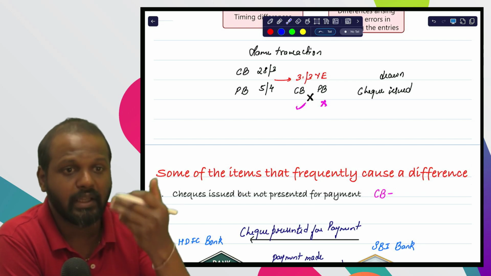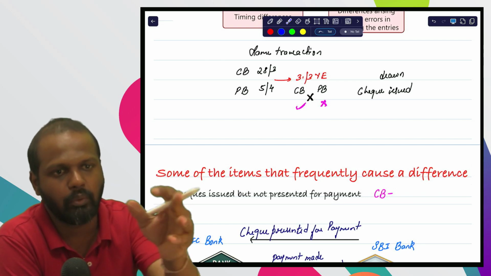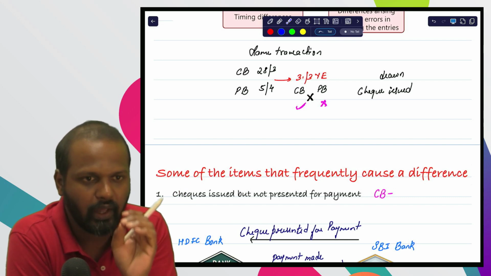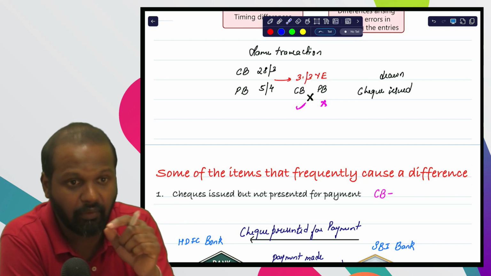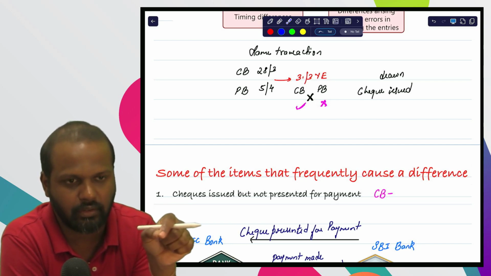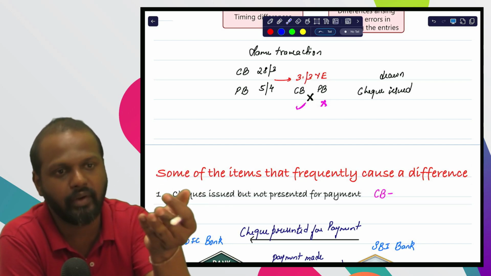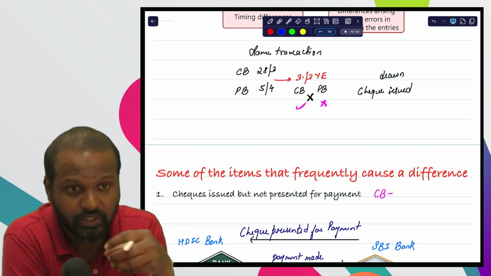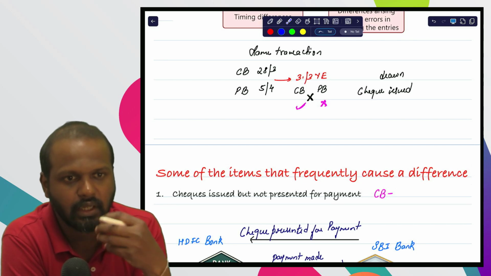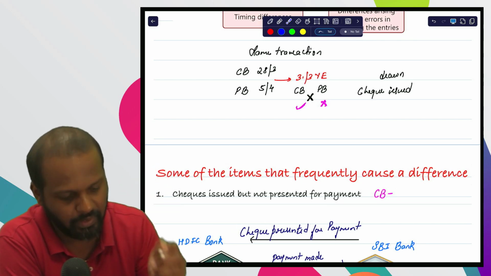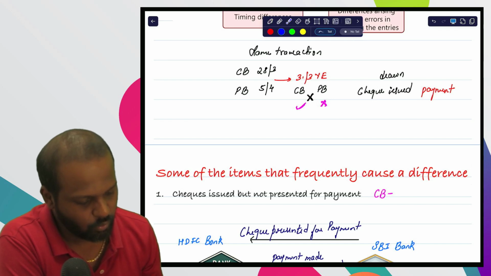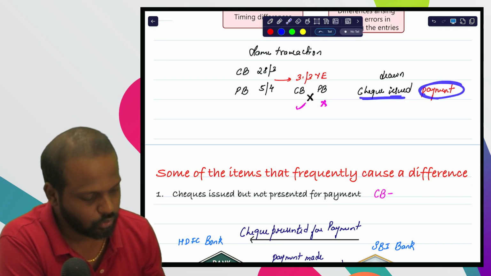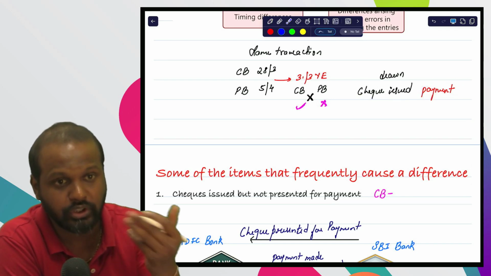Whenever you want to make a payment to someone, let us say I want to pay 20,000 rupees to you, I have to draw the check, write the check, and issue it, give it. So checks are being drawn and issued for the purpose of payment. Whenever you want to make a payment to someone, you are supposed to issue the check.